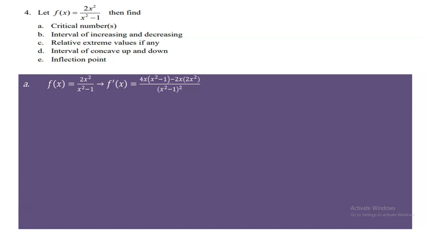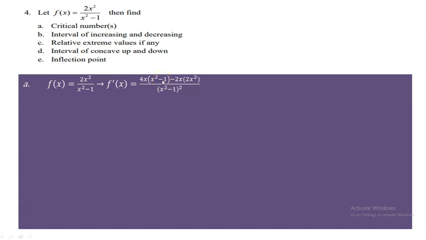So here it is. Your function f of x is 2x squared over x squared minus 1. So you have a numerator 2x squared and the denominator x squared minus 1. The derivative of this is going to be, first derivative of the numerator, 4x, because 2 comes down and multiplies 2, it will be 4x, and you will take x squared minus 1 as it is.